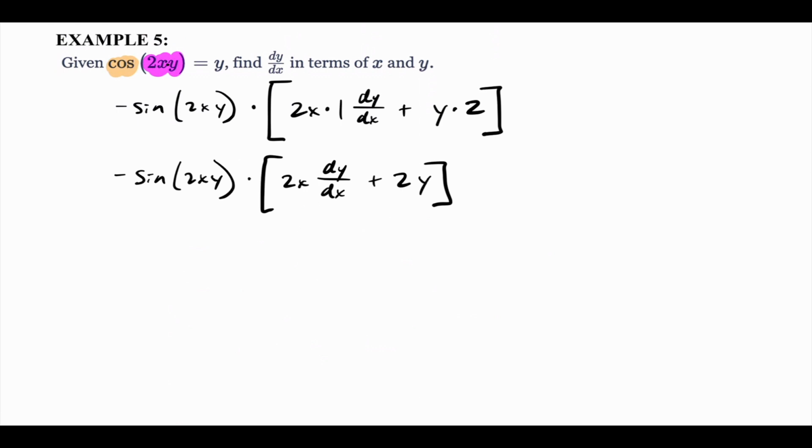Oh, on the other side. Yeah, sorry, there is another side. So it would be 1 dy dx, which is just dy dx. So one of them's already there, but I have another one stuck over here.